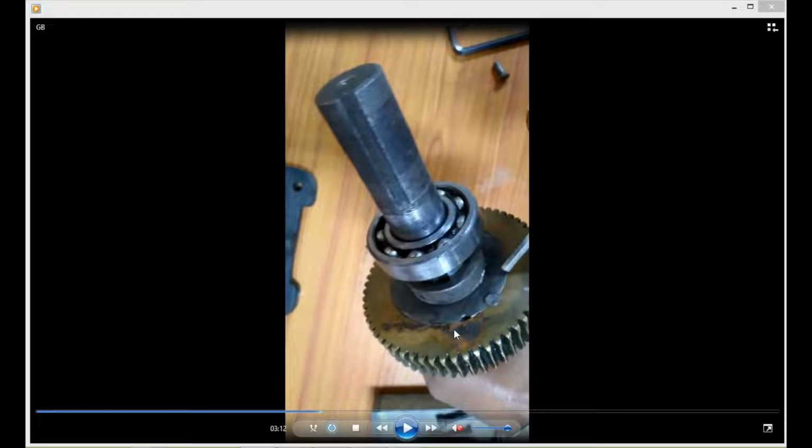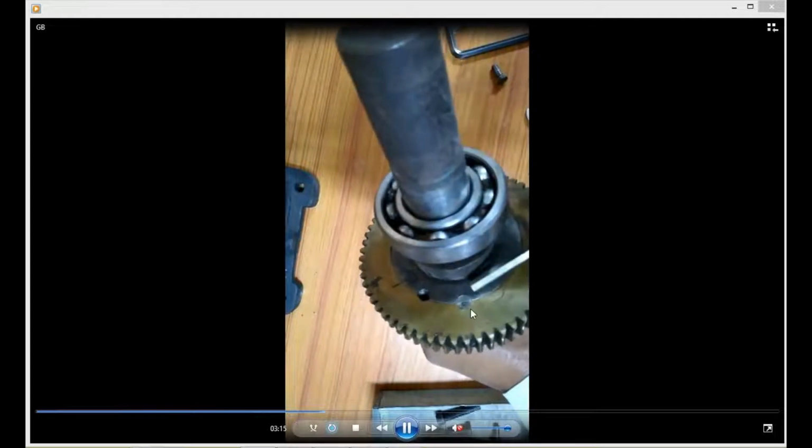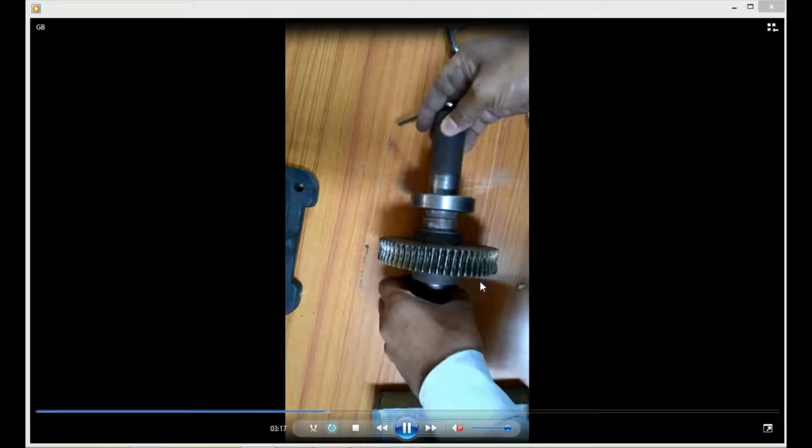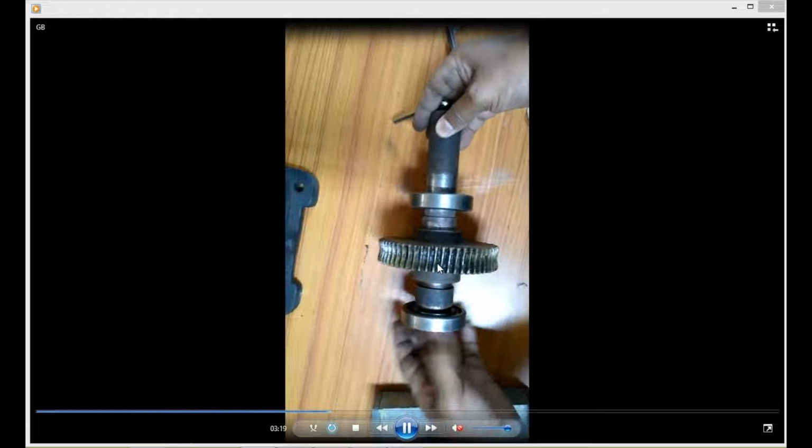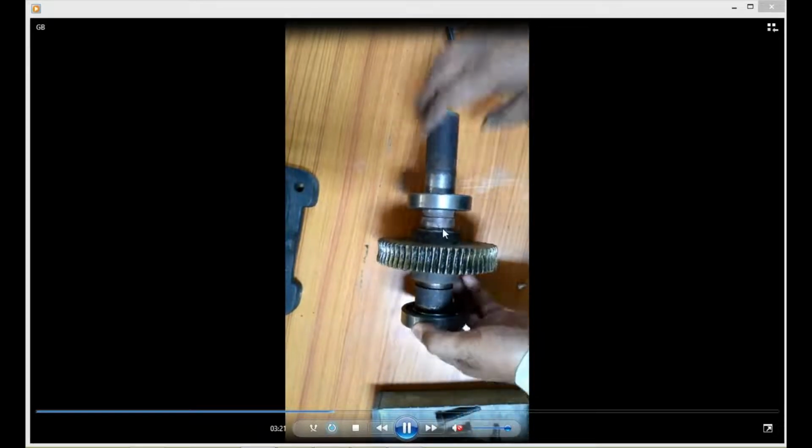To reduce the manufacturing cost, the hub of this gear is different and the gear blank is different. By using pins, the mating is done for these two elements: pin 1, pin 2, pin 3. These different pins are present to fix this worm wheel with the shaft, right?